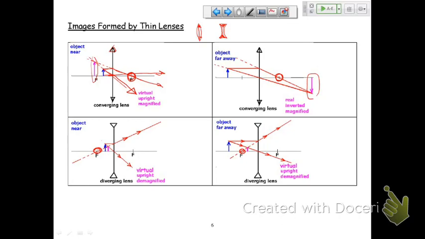I could, for example, put a lens here, and for this lens I would use that as my object. I'd have to define it as a virtual object in my math, but I can certainly play with it.